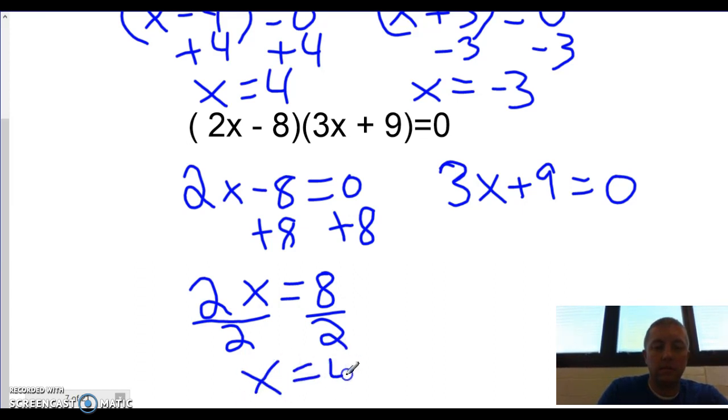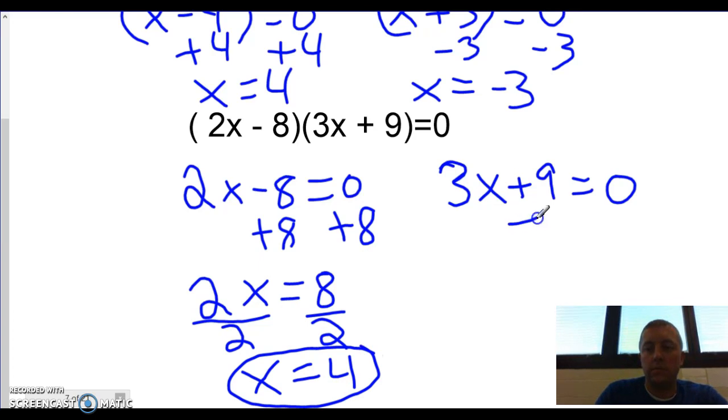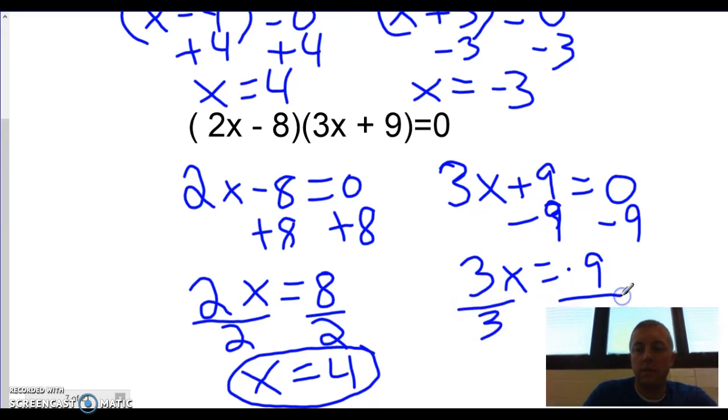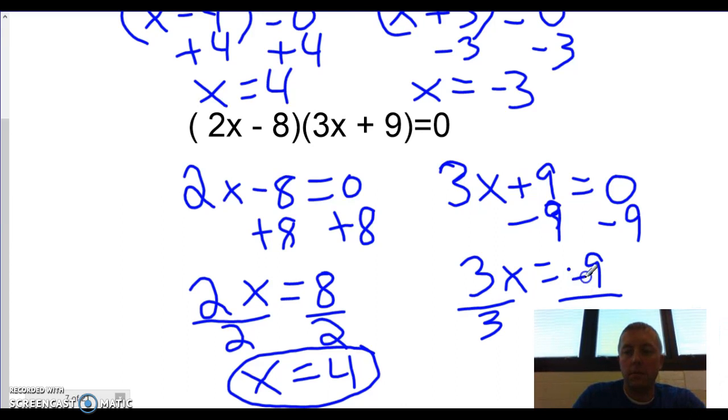X equals 4. Next one, subtract 9. 3x equals -9. Divide by 3. So then x equals -3.